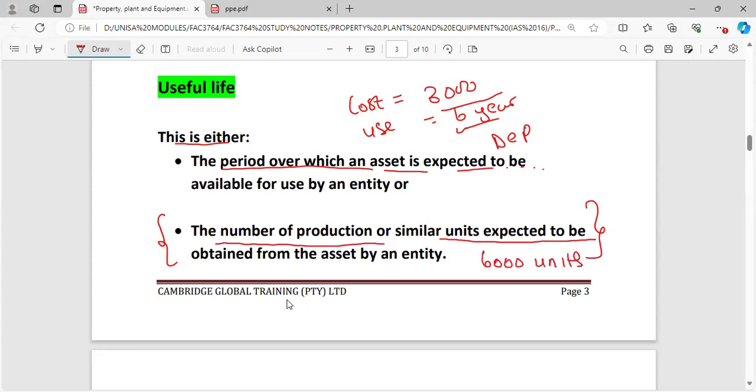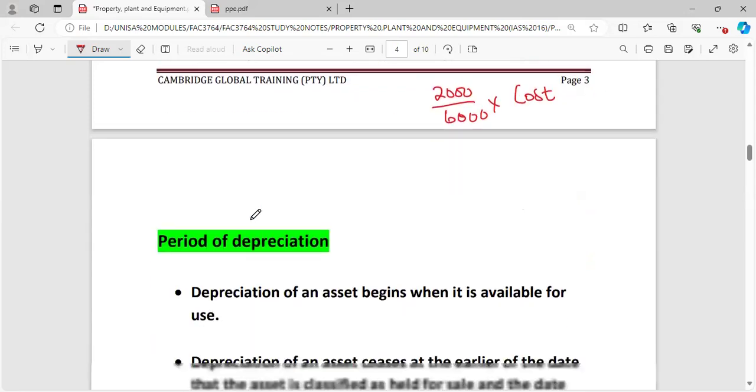If it produces 2,000 units in year one, your depreciation is going to be 2,000 over 6,000 times the cost of the asset. So you should also look out for this in a question. Do I use the number of production or am I going to use the number of years when I'm calculating the depreciation? So it's also very important to take note of the useful life of the asset.